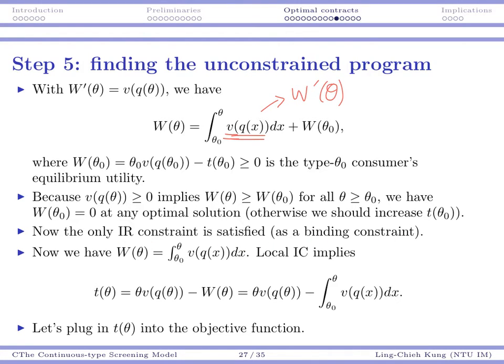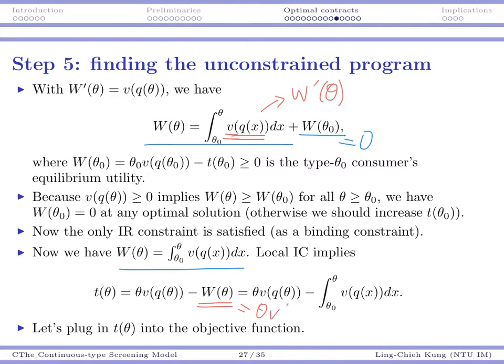And once we do that, this term would become 0. Okay, and that means all you have is this part. And now recall that you have defined W of theta as what? As theta times V of Q of theta minus T of theta. Okay, W has been defined to be the utility.